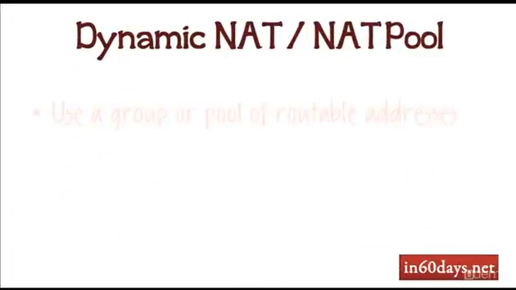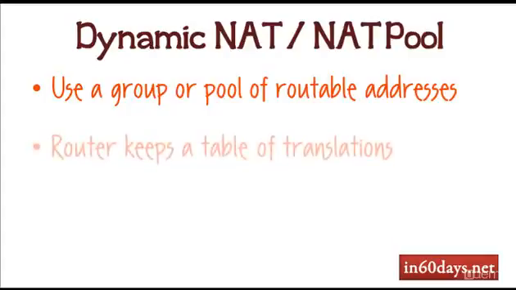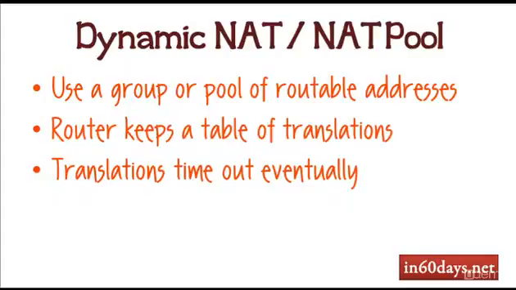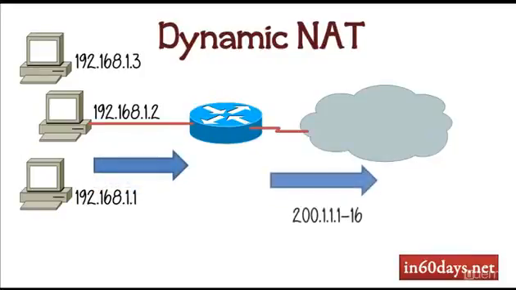Dynamic NAT, basically you have a pool of addresses, a group of addresses, and you tell the router with an access list when you want those addresses to be translated, to have a NAT translation. Alright, so say for example you've got 3 hosts, you would have more on the inside of your network. They're going to go into the router and then leave on the other side.